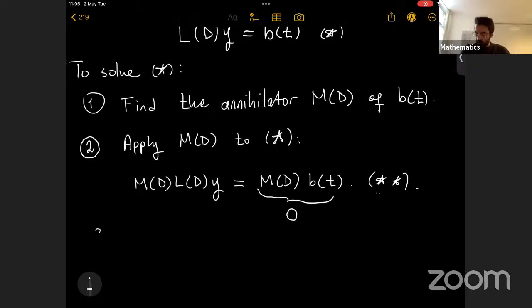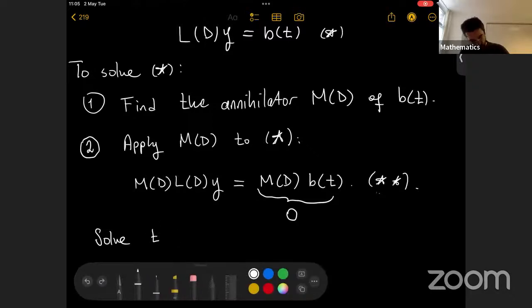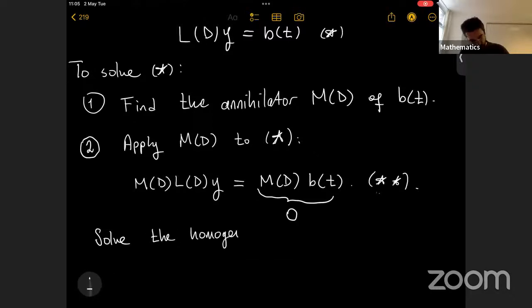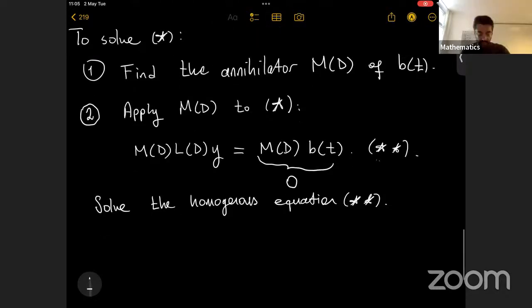By applying the annihilator, we get a homogeneous equation. Then solve the homogeneous equation, double star. Homogeneous means the right hand side is 0. On the left hand side you have differential operators, and this gives you a differential equation. Well, when you solve this, you will get some solutions, and not all the solutions of the second equation will be solutions of the first equation.